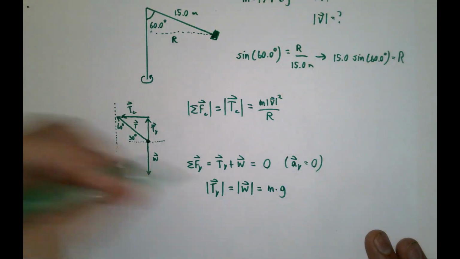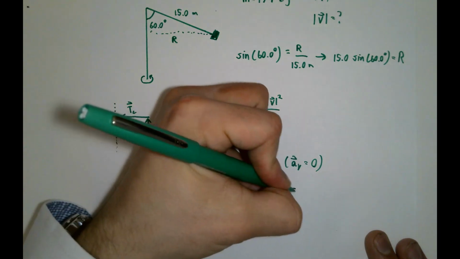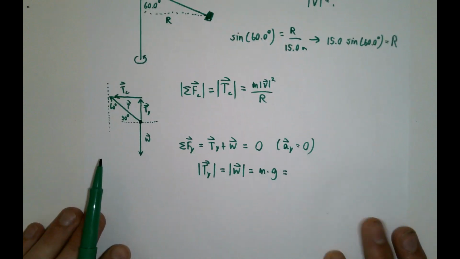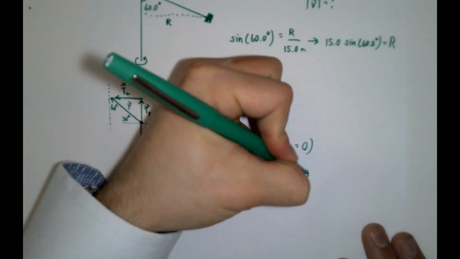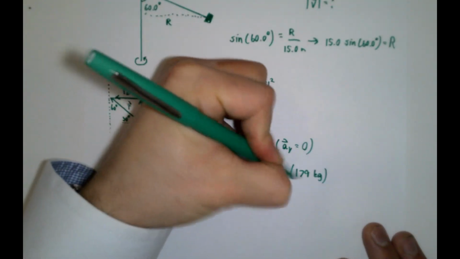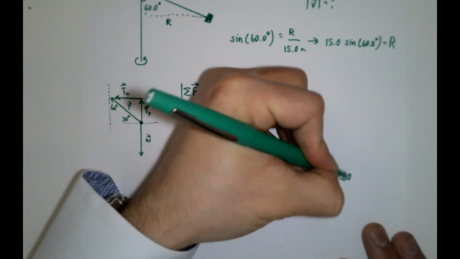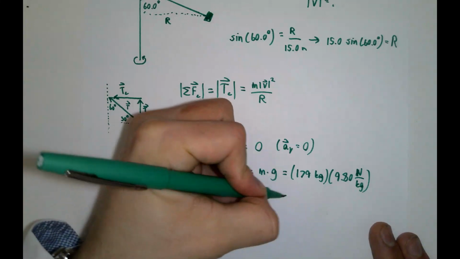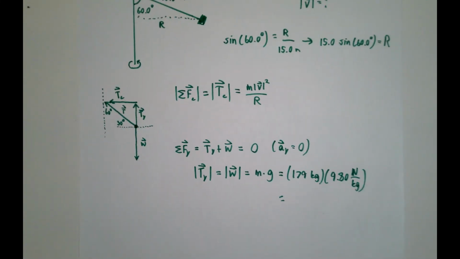All right, so I can find tension in y. That would be my 179 kilograms times my gravitational field of 9.80 newtons per kilogram. I'll put that in my calculator real quick. Let's see, 179 times 9.80. Okay. To three significant figures, I have 1,750 newtons.